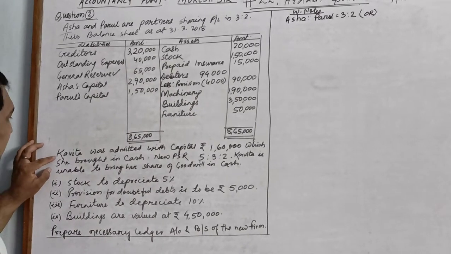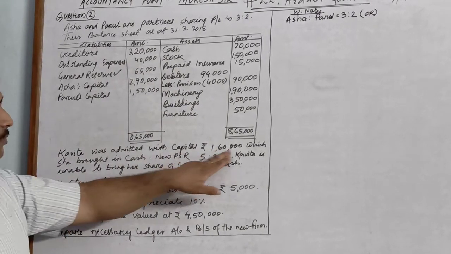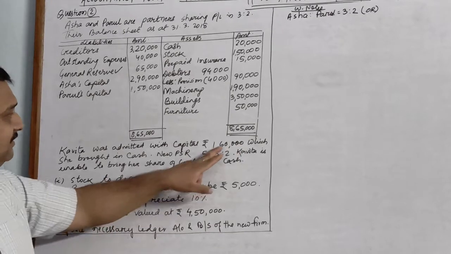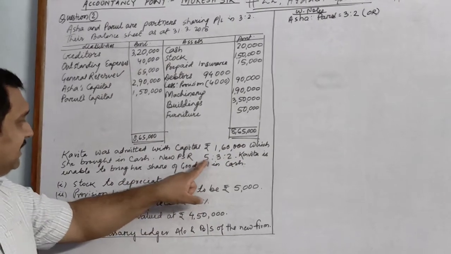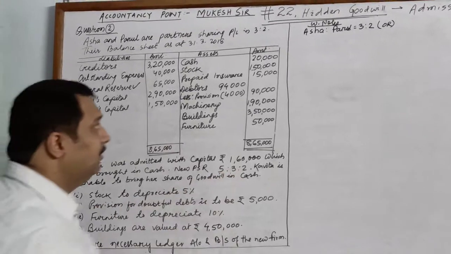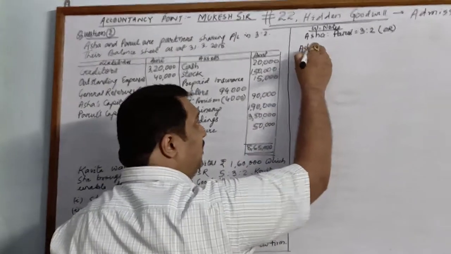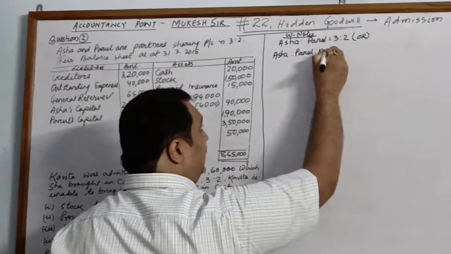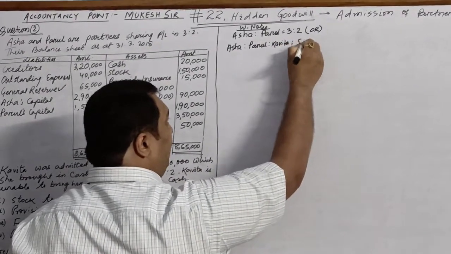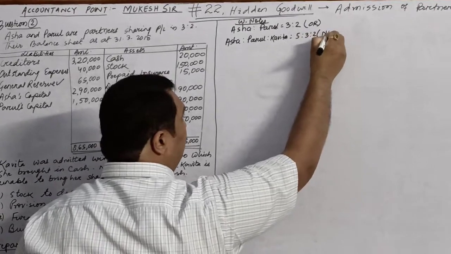Now it says that Kavita was admitted with capital of rupees 1,60,000. That means this is the capital which is brought by her, and the new profit sharing ratio is decided as 5:3:2. So I will write over here Asha is to Parul is to Kavita is equal to 5:3:2. This is the new ratio.